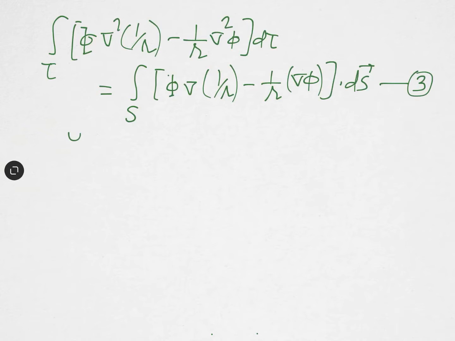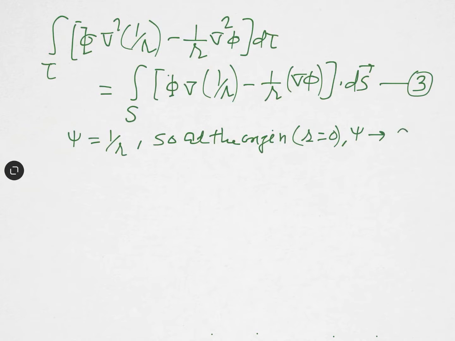Here we see that as psi is equal to 1 over r, at the origin, where r is equal to 0, psi will tend to infinity.